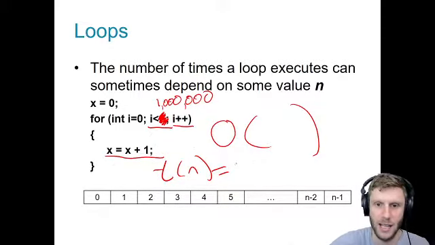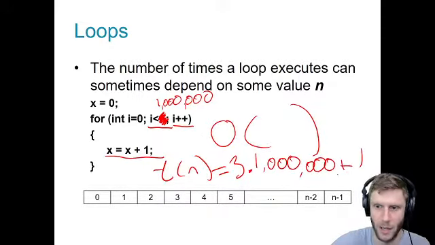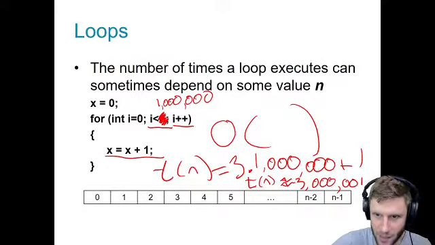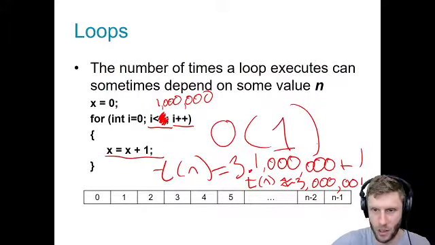So that's like 3. It's going to be 3 times 1 million plus 1. Well, that ends up being 3,000,001. Well, that's just T of n roughly equals 3 million, because I'm lazy, which then just gets down to order 1.